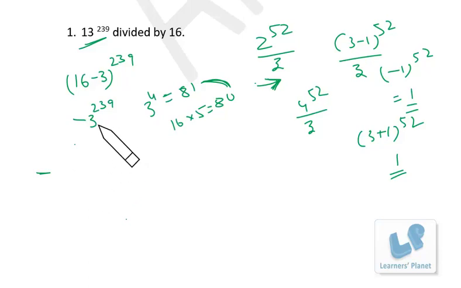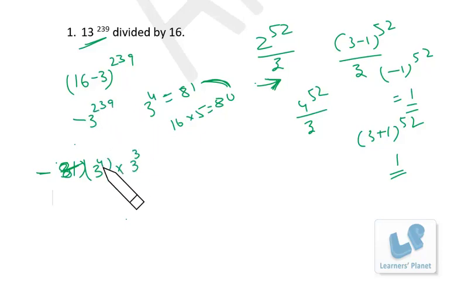So what we can do is find the multiple of 4 and exclude the remaining part. The last multiple will be 236. So I write 3 raised to 4, and the remaining 3 raised to 3 I write separately.